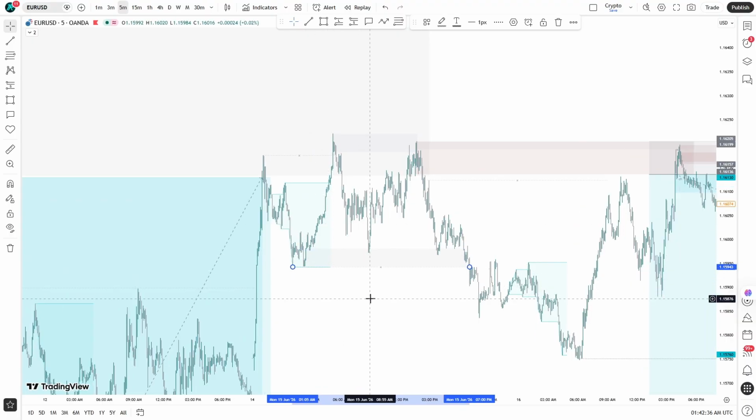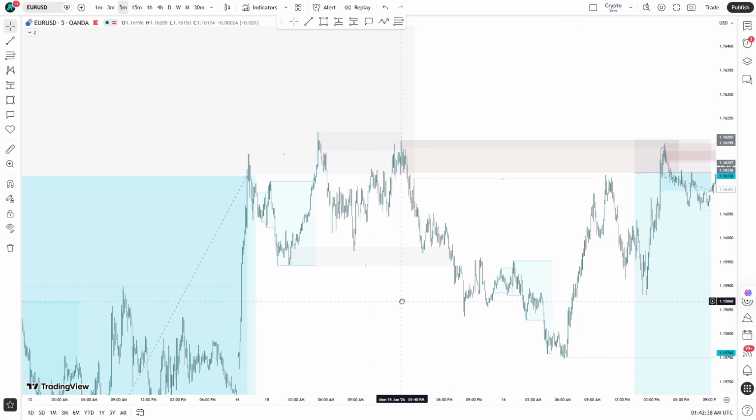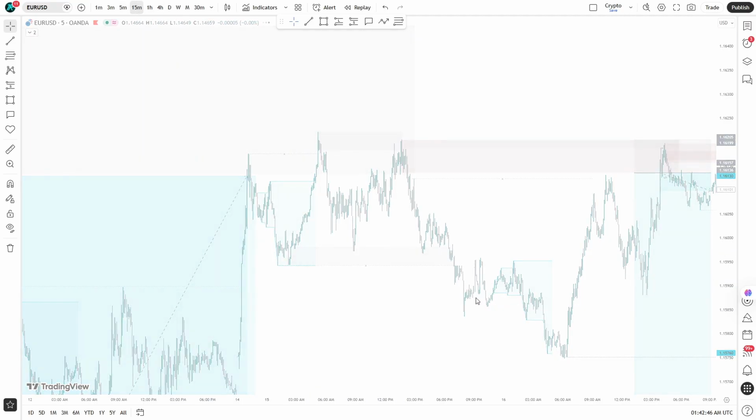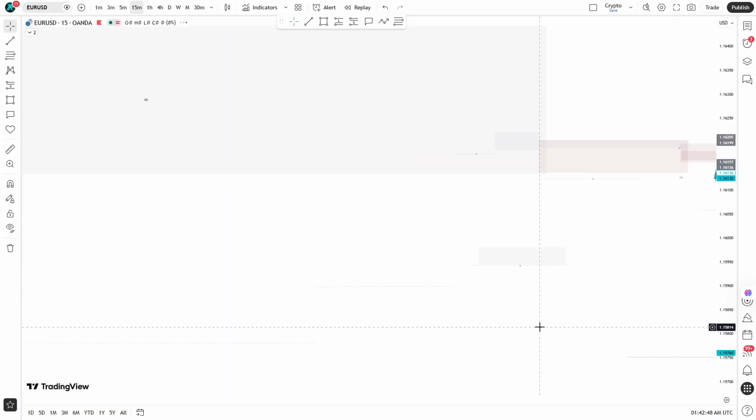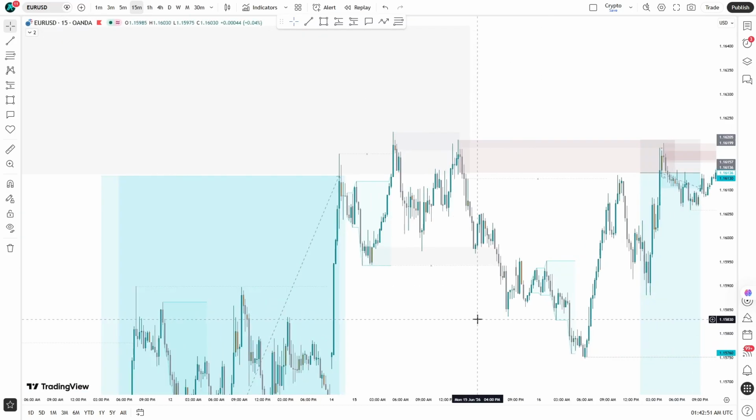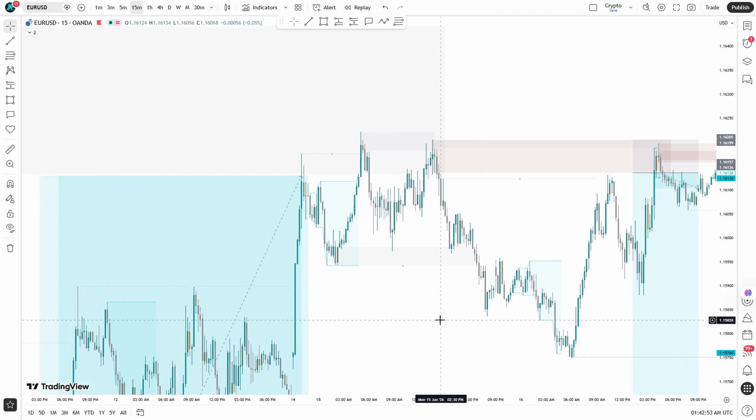Maybe I'll go to a higher time frame so you see what the candles look like. So this is the 15 minutes time frame. After I had this mitigation, market came down, went up, mitigated it again, before dropping.